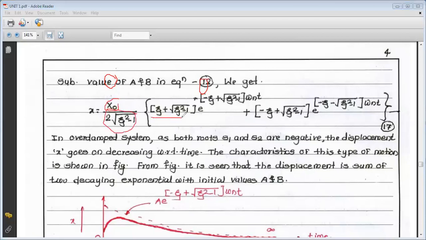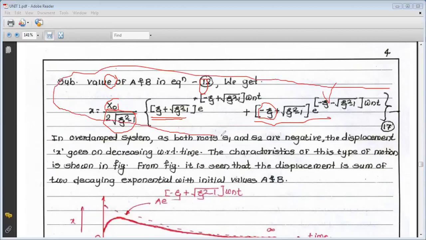In the bracket, a is zeta plus square root of zeta square minus 1 into e raised to s1 t, that is minus zeta plus square root of zeta square minus 1 omega n t. Plus, only the term changes: plus zeta becomes minus zeta, then minus zeta plus square root of zeta square minus 1, e raised to s2 t. What is s2? That is minus zeta minus square root of zeta square minus 1 into omega n. So this is our final equation, x, when the system is overdamped, that is zeta is greater than 1.